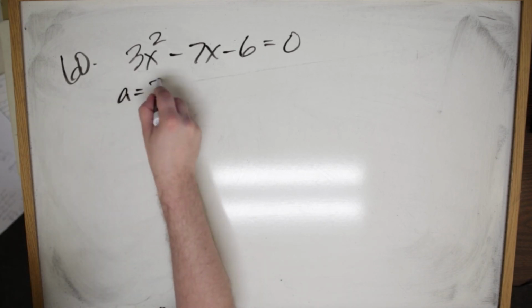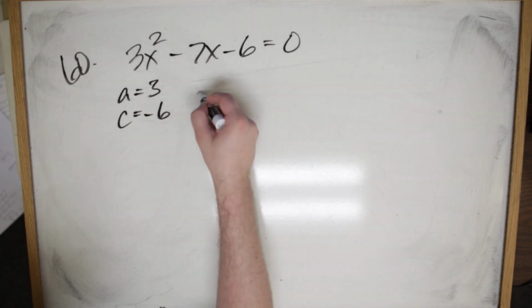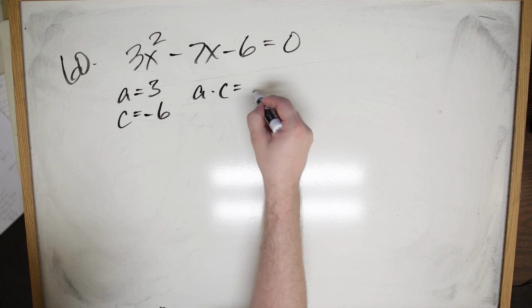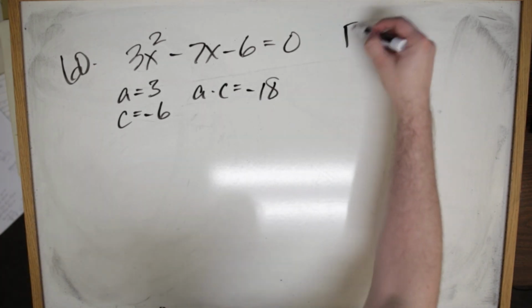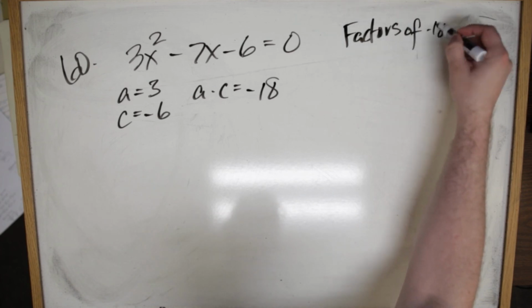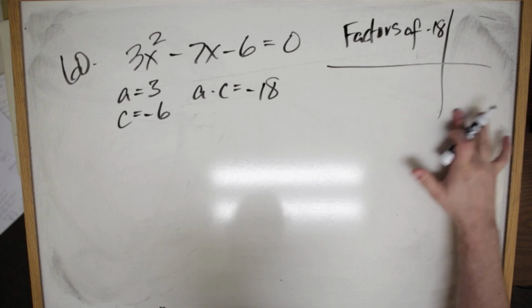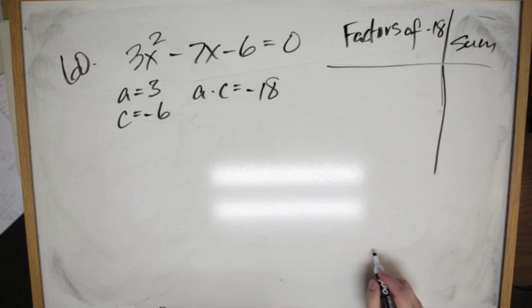So a is equal to 3, c is equal to minus 6. So a times c is equal to minus 18. All right, let's do the factors of minus 18 and the sum right next to them.